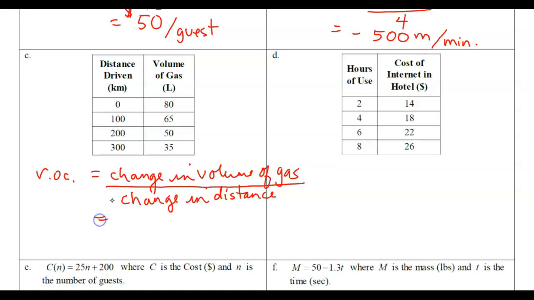So in this case, I'm going to go from here to here. So it's using, what's that, 15 for every 100 kilometers. Now that can reduce to negative 3 over 20.